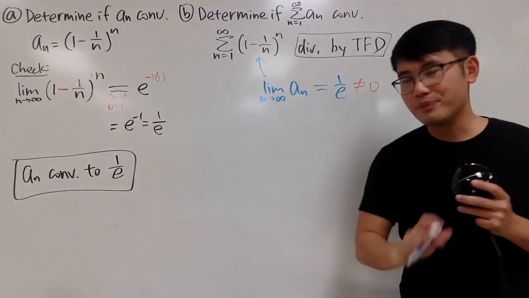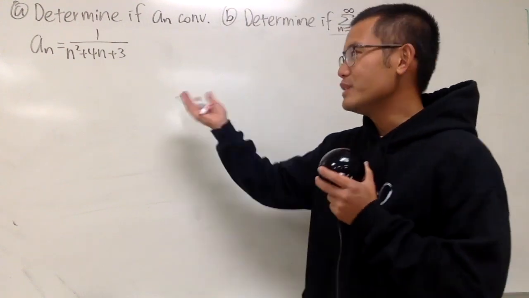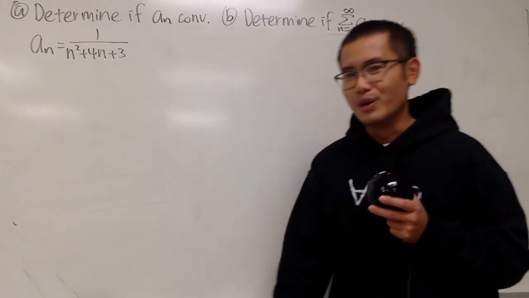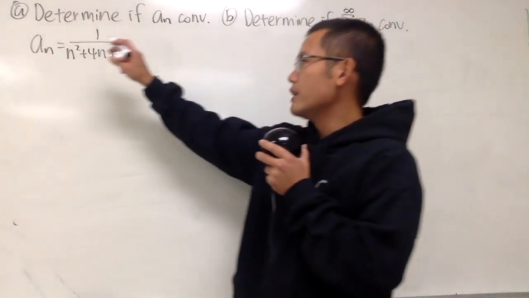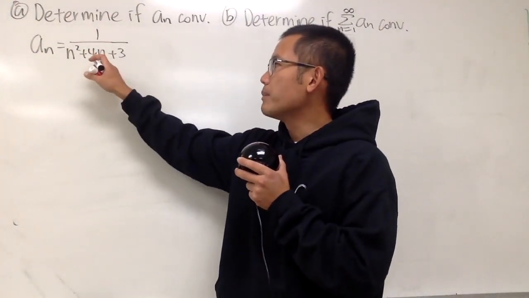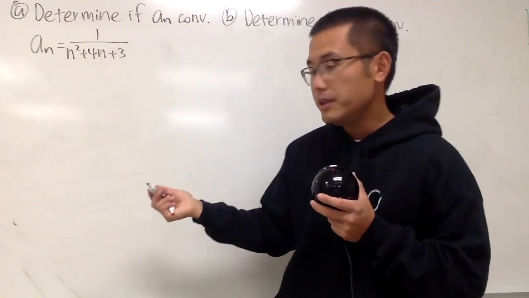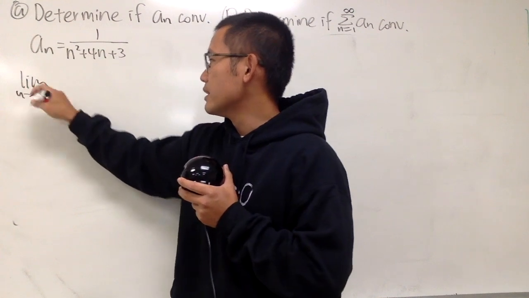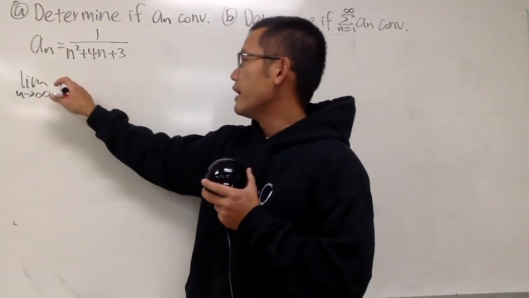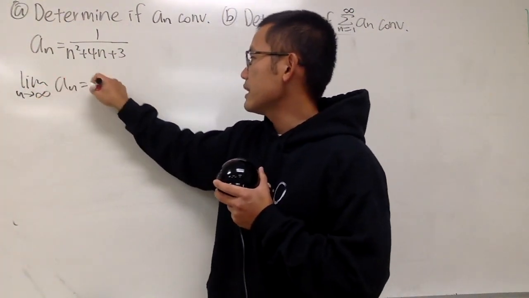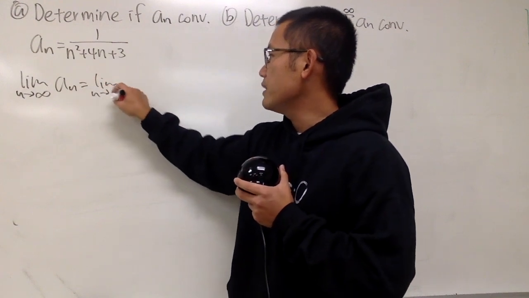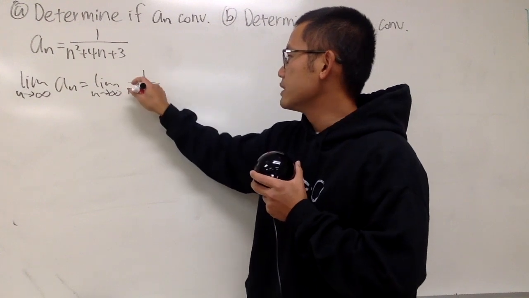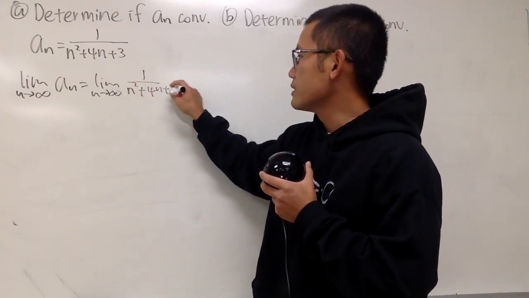So, okay, we're going to see if the sequence converges or not, and then we'll see if the corresponding series converges or not. Here we go. We have an is equal to 1 over n squared plus 4n plus 3. So of course, let's go ahead and take the limit. This is not so bad. The limit as n goes to infinity of an, which is just the limit as n goes to infinity of 1 over n squared plus 4n plus 3.